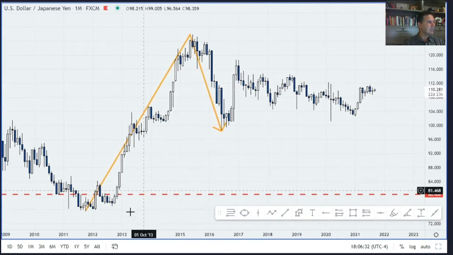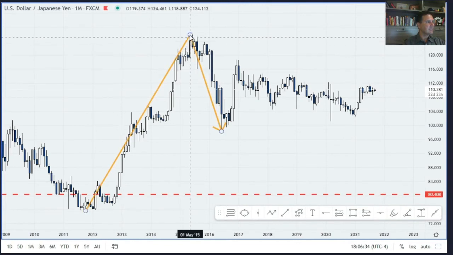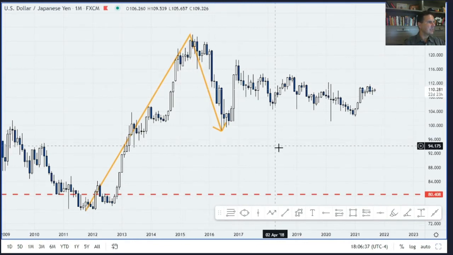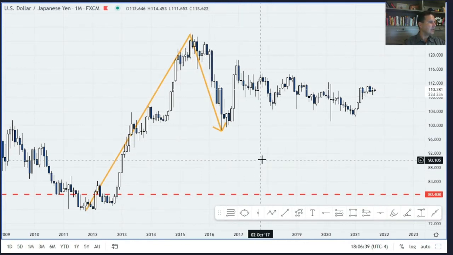So this is the market wave. We have the extension, we have the retracement, right? Then we learned about the short-term trends, right?